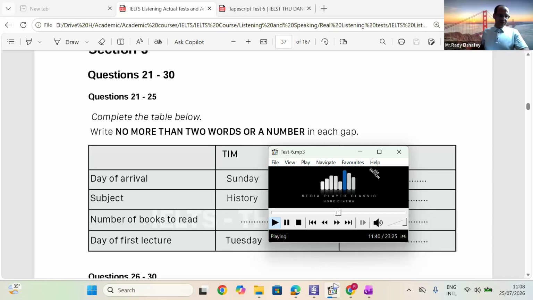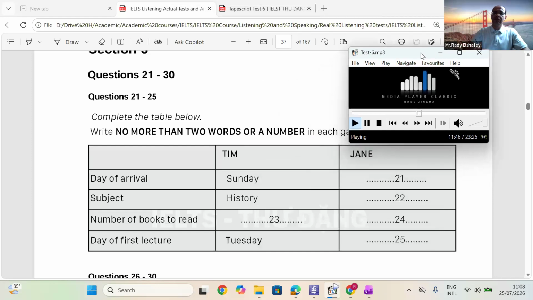Turn to section 3. Section 3. You will hear 2 new students, Jane and Tim, talking about their university studies.